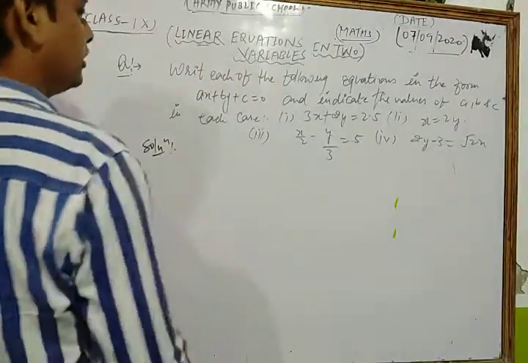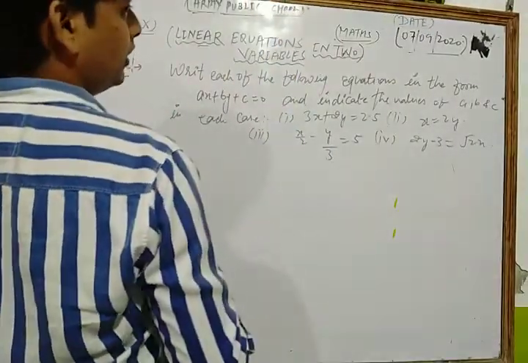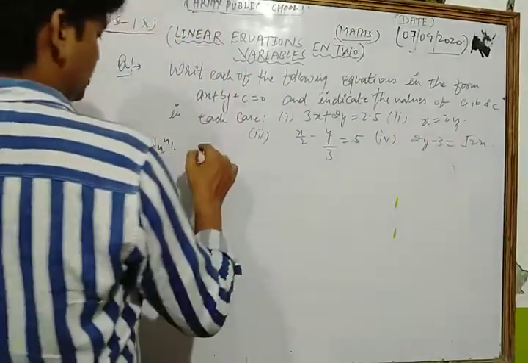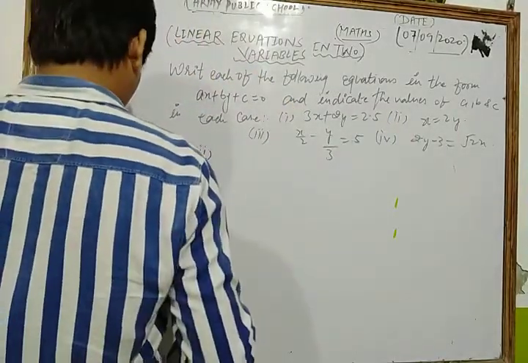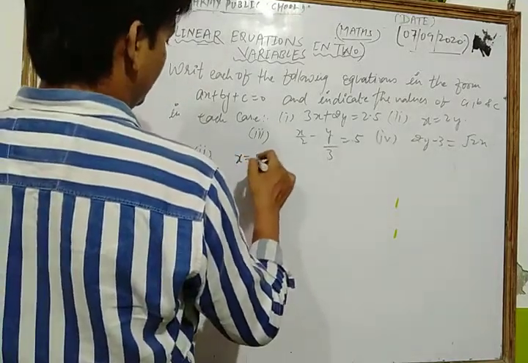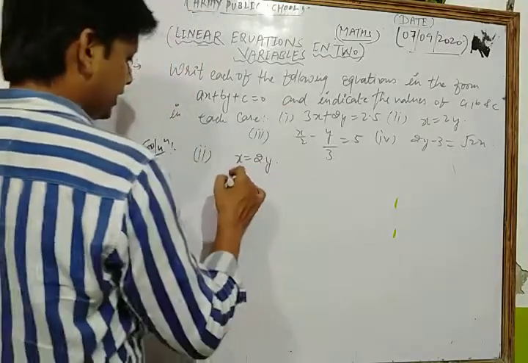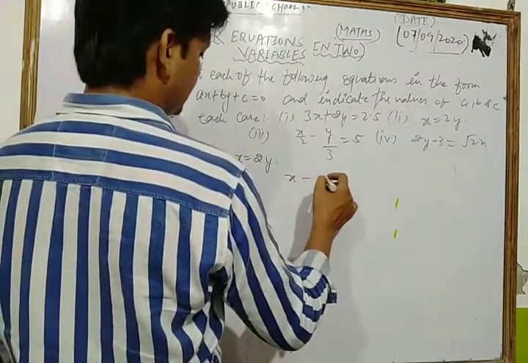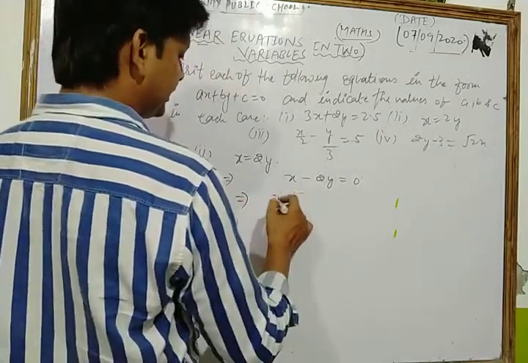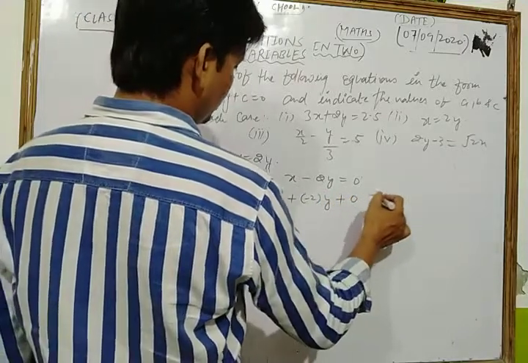We take the second part of this question, which is x is equal to 2y. First, this equation we can write as x minus 2y is equal to 0. We can also write it as x plus minus 2y plus 0 is equal to 0.